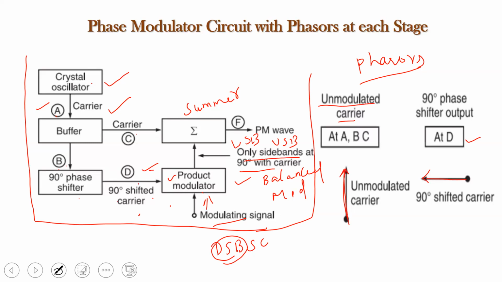This is the unmodulated carrier without any phase shift. If this is shifted in phase by 90 degrees, its corresponding phasor diagram will be like this, the 90 degree shifted carrier. So far we have looked into the phasor representation at the points A, B, C and D.